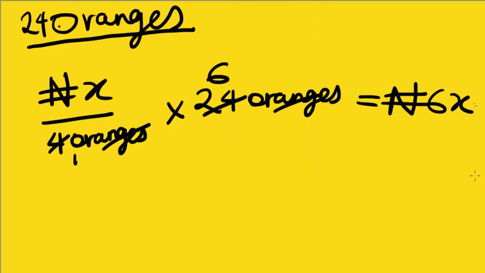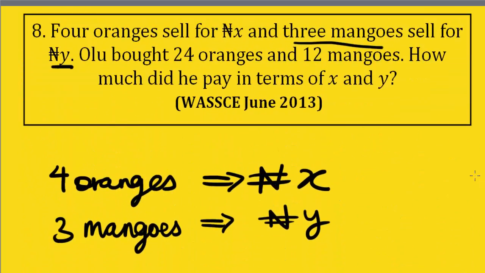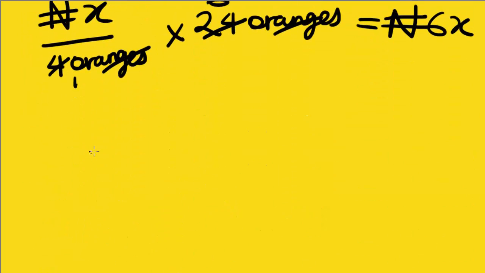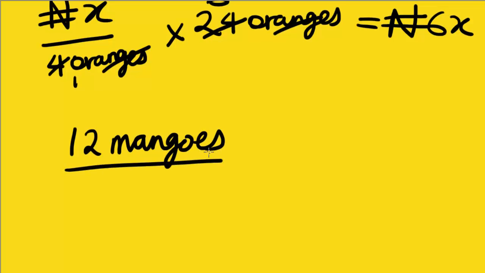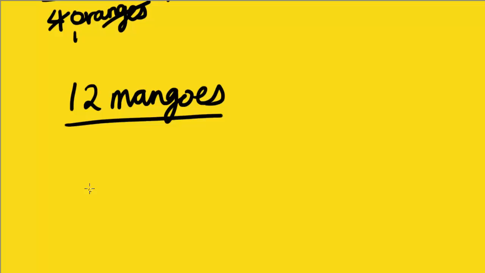As for mangoes, which was 3 mangoes for Y naira, for 12 mangoes, we do a similar thing. So the information was that 3 mangoes for Y naira. I want to know the naira value for 12 mangoes. So using the given information, I represent the information as a fraction with the naira value on top.